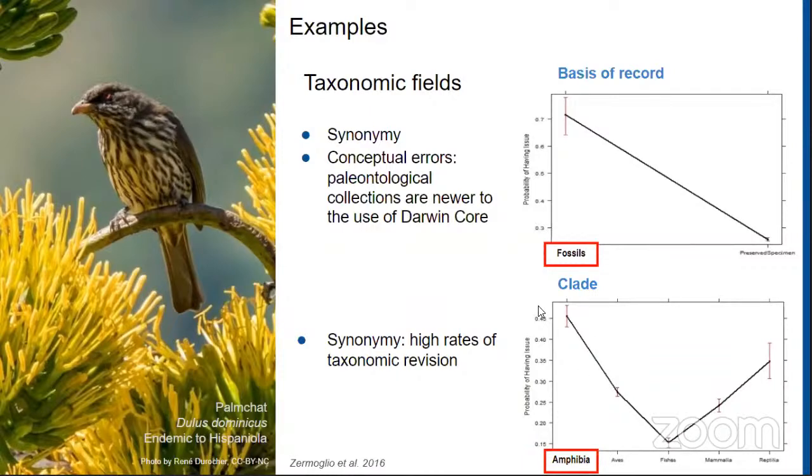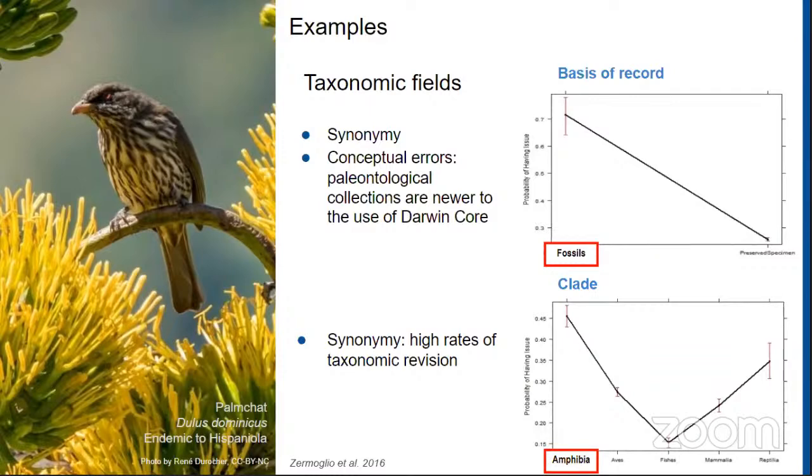They found that the probability of errors, or rather issues, is higher for certain clades, and that is explained by synonymy. Certain clades, particularly amphibia but also reptilia, show higher rates of taxonomic revision. So in the data, we find synonyms more often for those taxonomic groups.